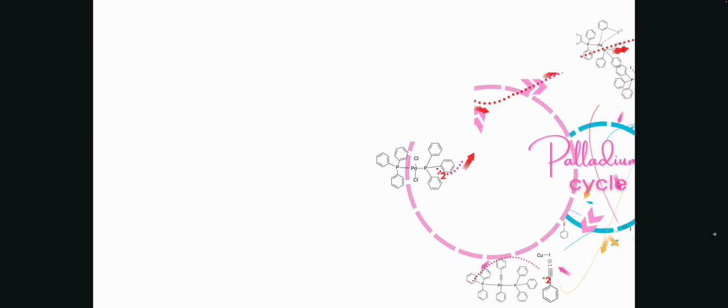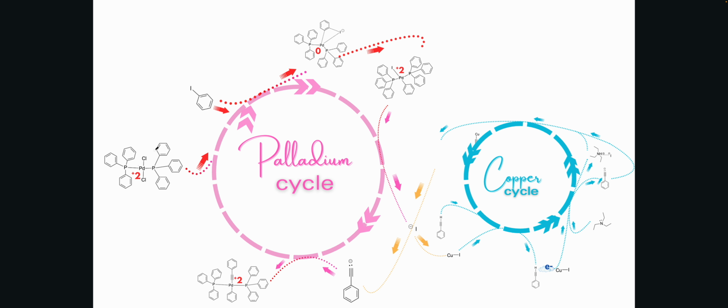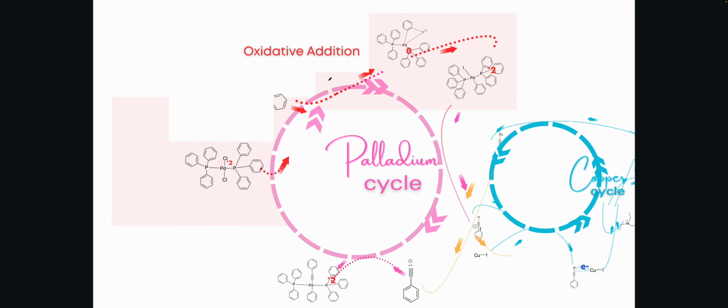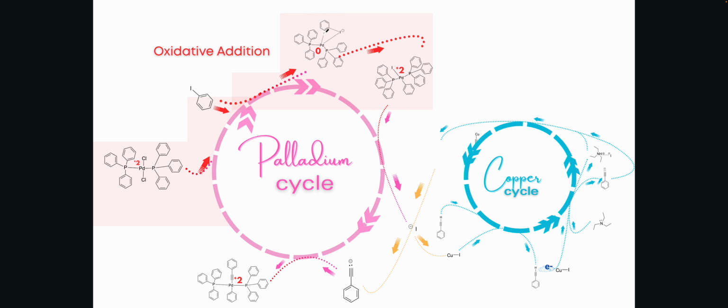Then moving on, we have a new step, and this is the crucial, I would say, rate determining step. We call this oxidative addition, and it's all this in red. I'm going to explain it from this slide, so it's easier because now it's highlighted. So basically, this is our pre-catalyst.